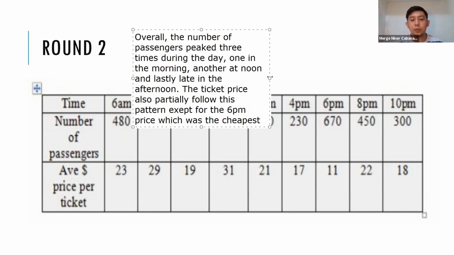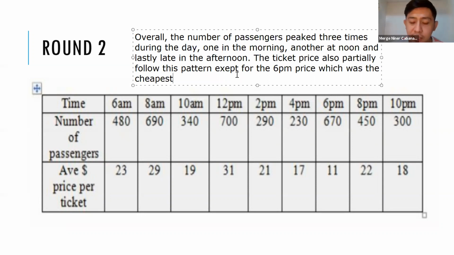Again, you don't have to copy everything. You don't have to take screenshots because I just want you guys to see how we will be able to come up with an impression of this. So first, the number of passengers peaked 3 times during the day. And I enumerated that. One in the morning, another at noon, and lastly late in the afternoon.